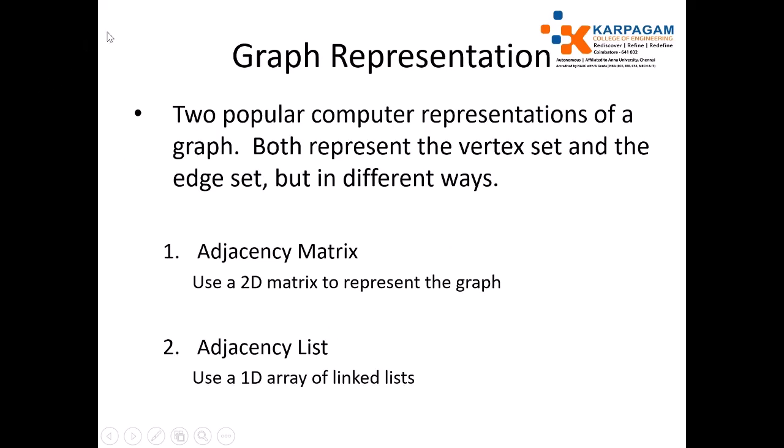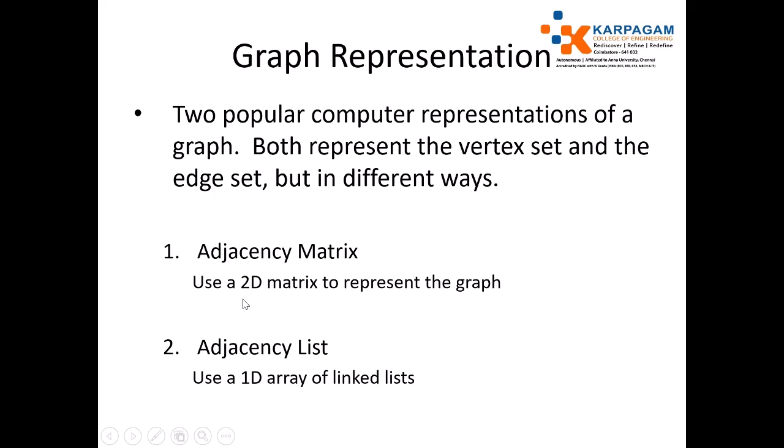Graph representation. There are two popular computer representations of a graph. This is the way to represent the graph data in memory. Both represent the vertex set and the edge set, but in different ways. One type is the adjacency matrix. By using an adjacency matrix, we can represent the graph data in memory.